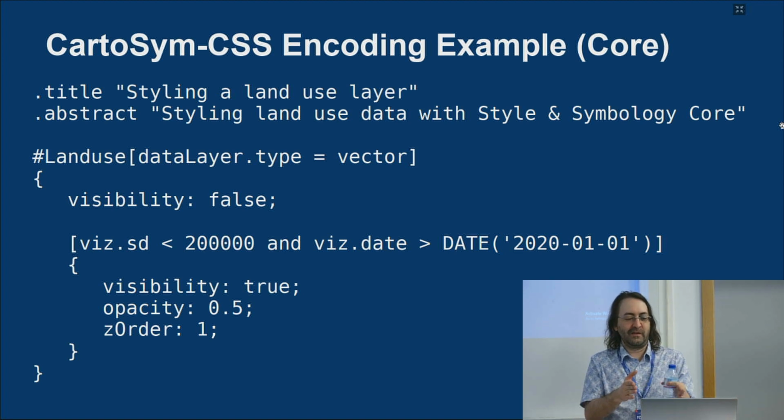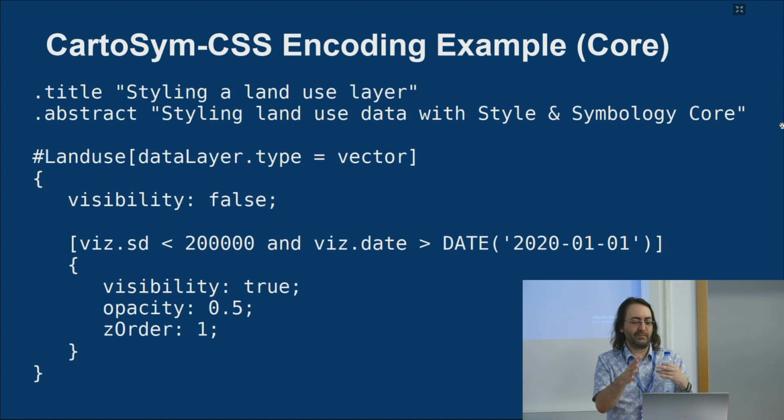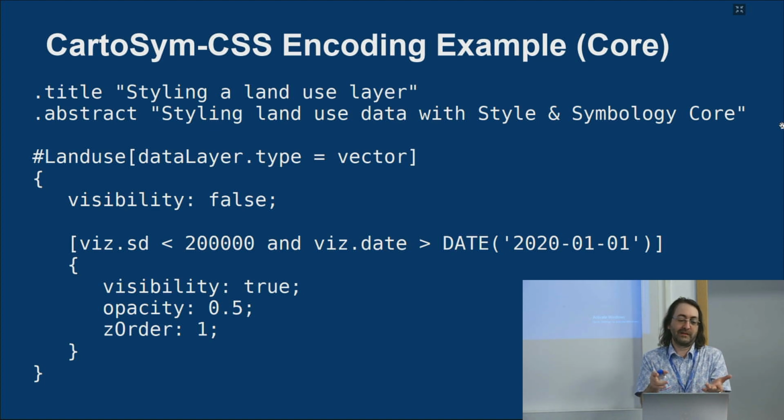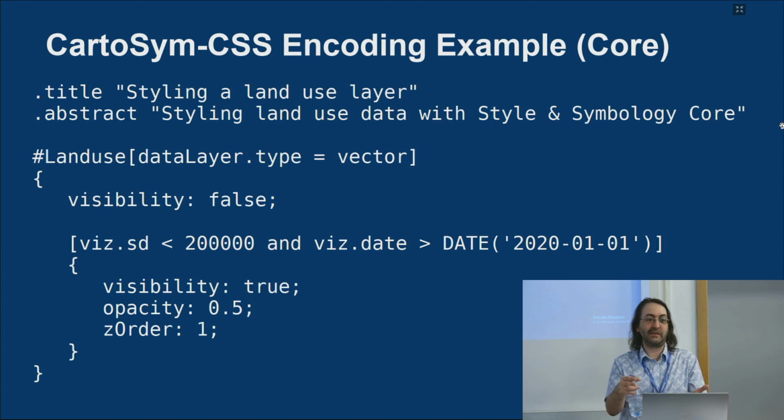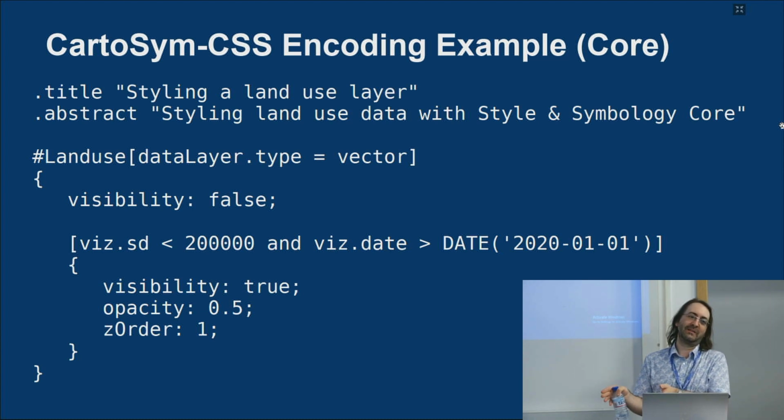Initial implementation should really focus on the core and the basic vector or basic coverage, and just that. We're hoping for feedback from the community to try to implement this, to see if it is too difficult. In contrast, SymCore 1.0 defined so little that nobody implemented it because it's not useful. There's not enough in it to make any useful style sheet. So here we're trying to find the balance.